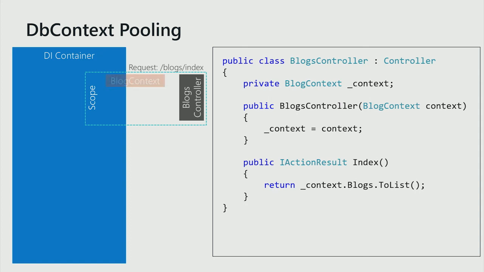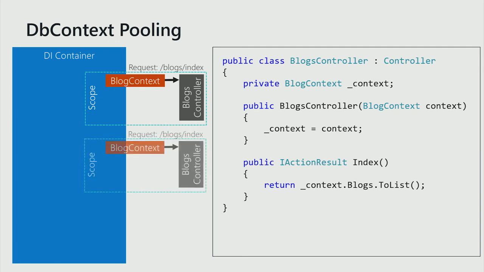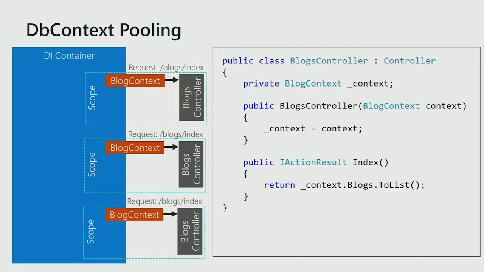Whenever I need to get a database connection and use it, I'm just going to grab one out of the dependency injection container. It gets created and handed off to the application. So if I need 1 million updates to my database, I'm going to actually get 1 million of these DB contexts created by the application.